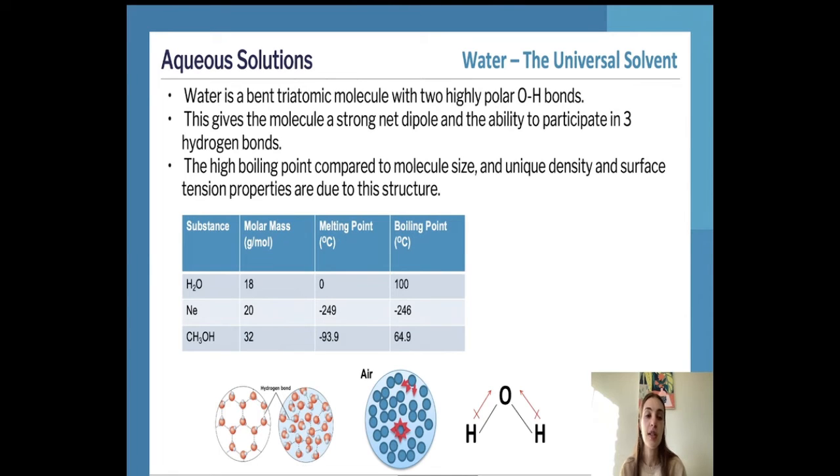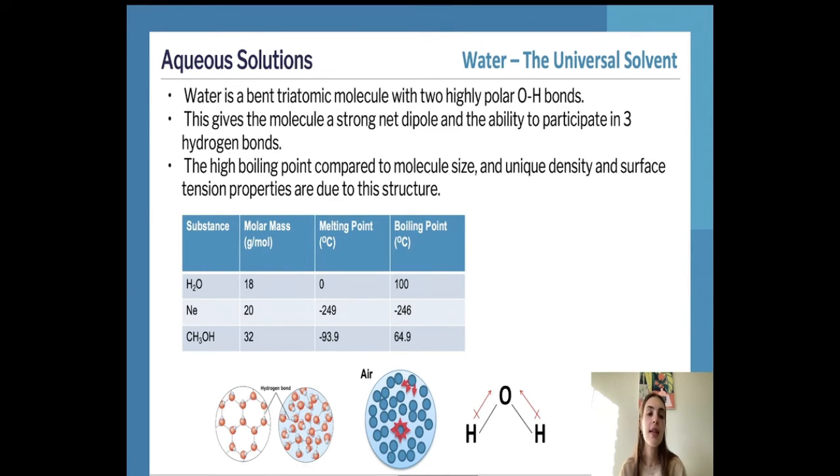However, this is just a single atom, so it actually has a very low melting point and a very low boiling point. In comparison with water's very strong intermolecular forces with the hydrogen bonds, water has a much higher melting point and boiling point.